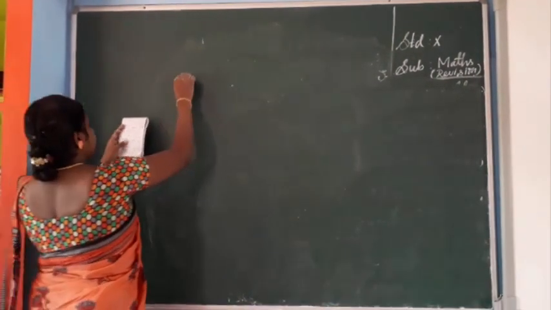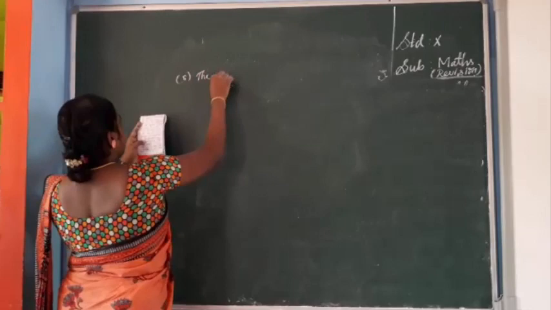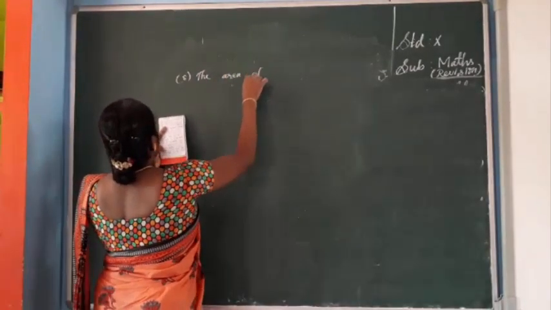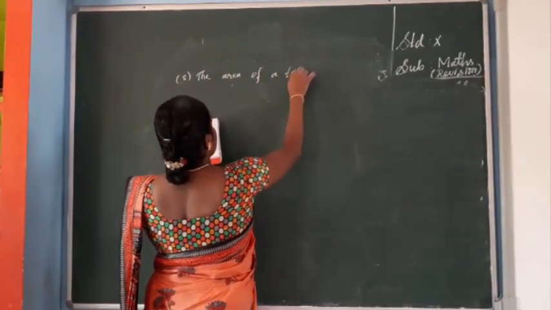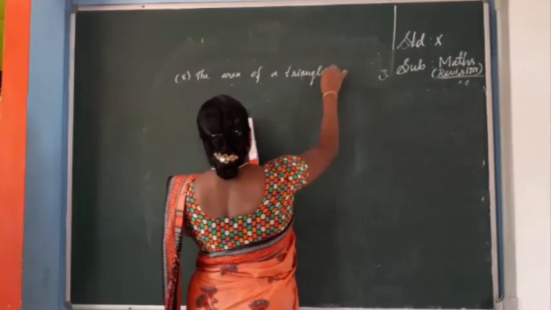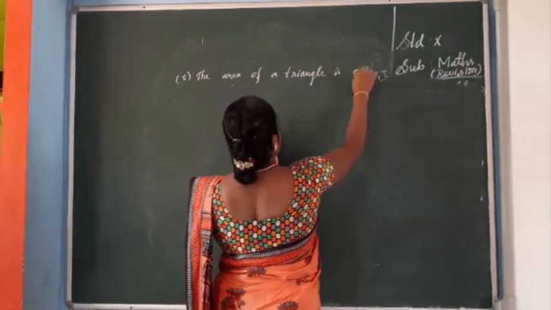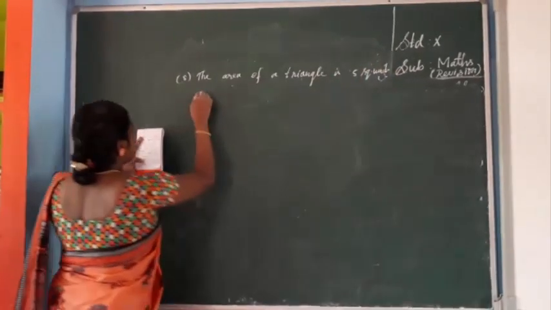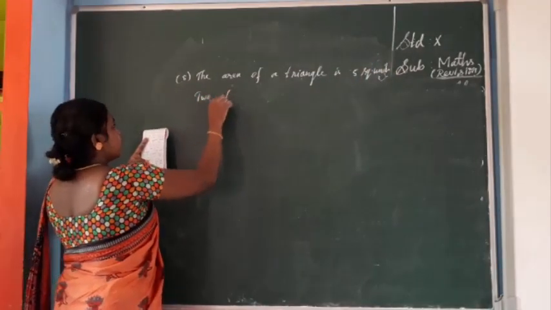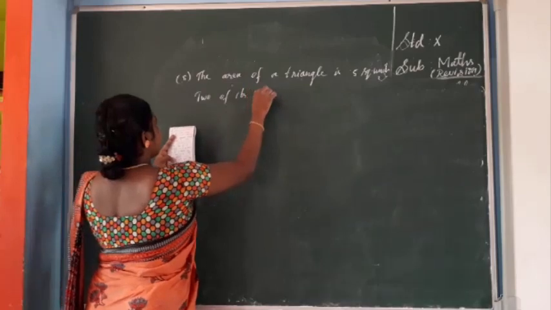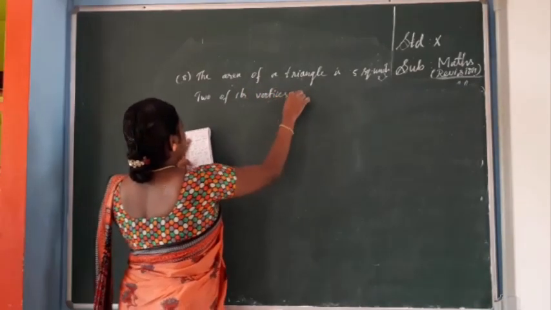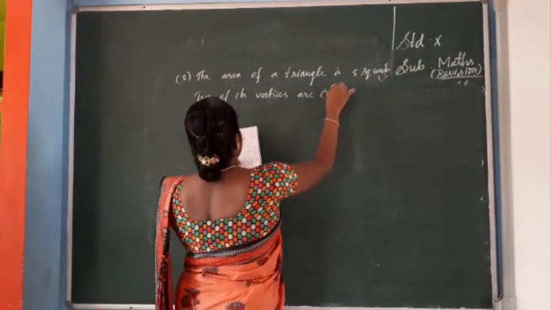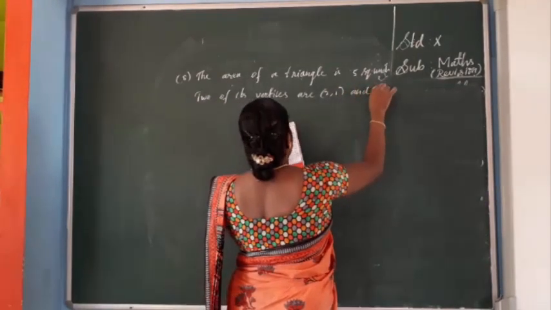Eighth one: the area of a triangle is 5 square units. Two of its vertices are (2, 1) and (3, -2).